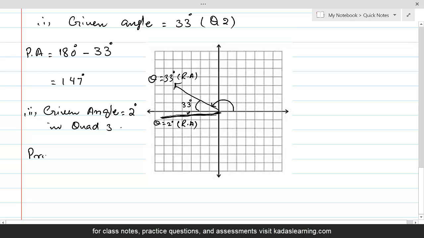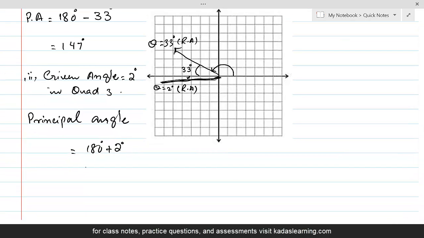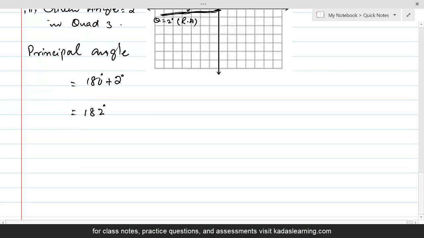The principal angle would be equal to 180 plus 2 degrees, because this is still an angle with the negative arm of the x-axis and it is after the x-axis arm, therefore we are going to add 180 plus 2, and this would be equal to 182 degrees. That would be the principal angle.